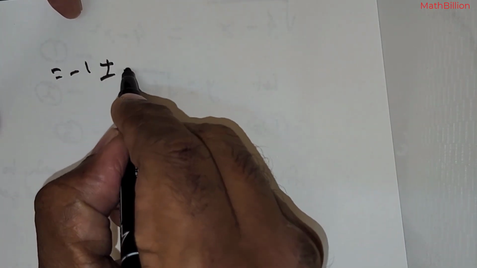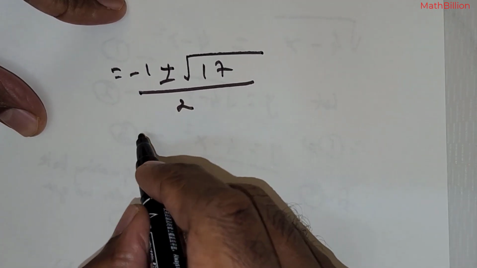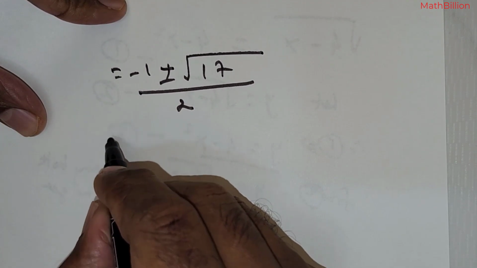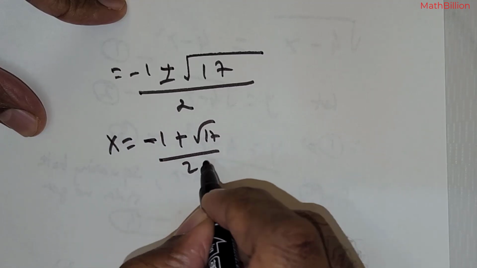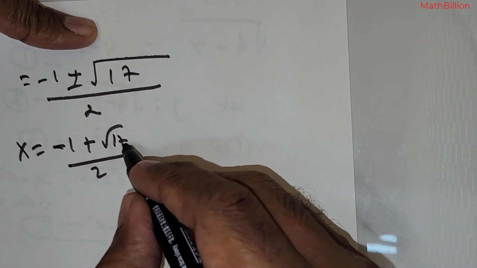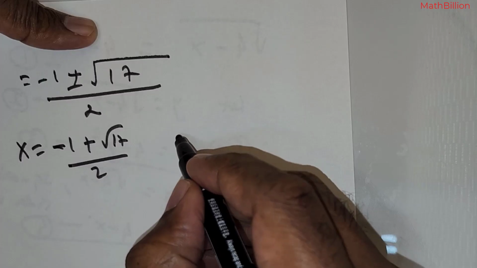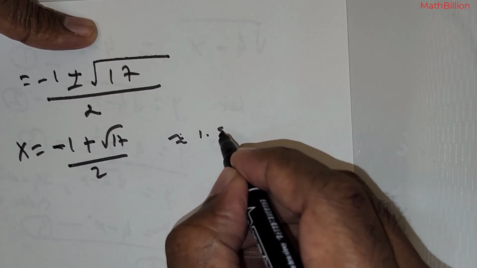So negative 1 plus or minus root of 17 divided by 2. Now x is equal to negative 1 plus root of 17 divided by 2. Now this is going to be approximately around 1.5 or so.